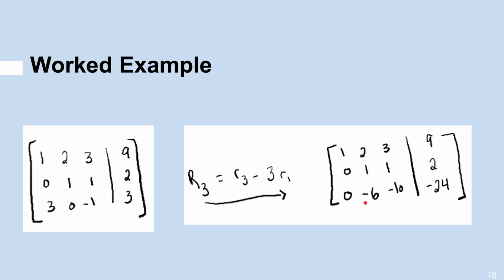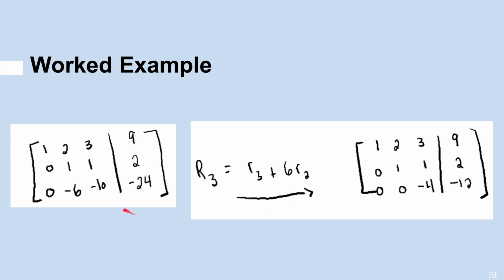You can pause and look at this to make sure you understand. So far we have a 1 here, leading 1, and we want this to become the next leading 1. That means this is going to have to be a 0. So we have our old matrix, and we want this to become a 0.